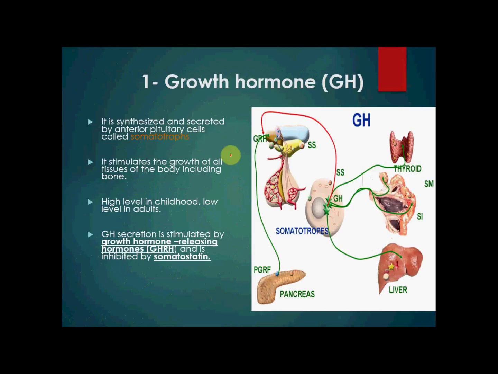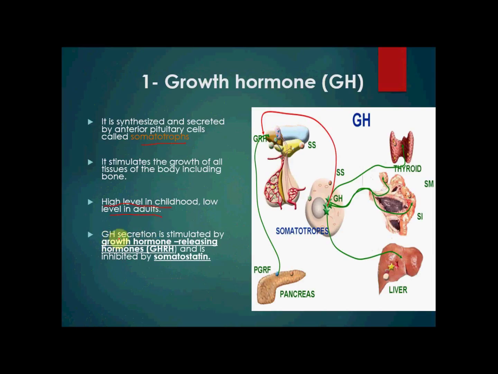Now, growth hormone is secreted from the anterior pituitary cells called somatotrophs. Somatotrophs stimulate the growth of all tissues of the body, including bone. So bone is considered a tissue, yes, hard tissue actually. It is secreted in high levels during childhood, and it lowers when you grow up.